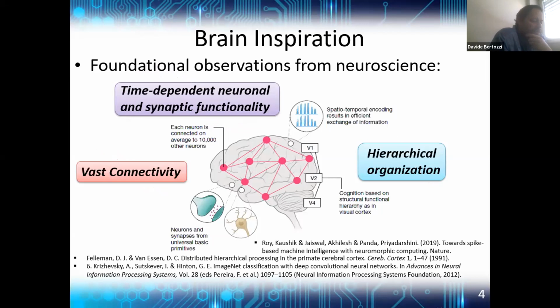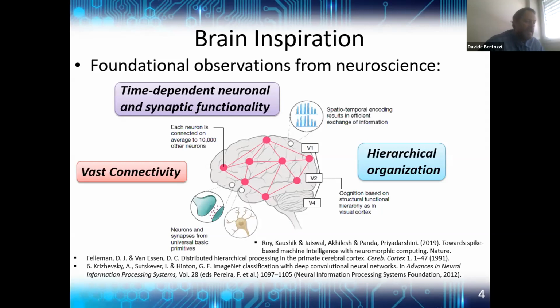As you can see from this picture, neurons are the computational primitive elements of the brain that exchange or transfer information through discrete action potentials, also called spikes. And synapses are the storage elements underlying memory and learning.